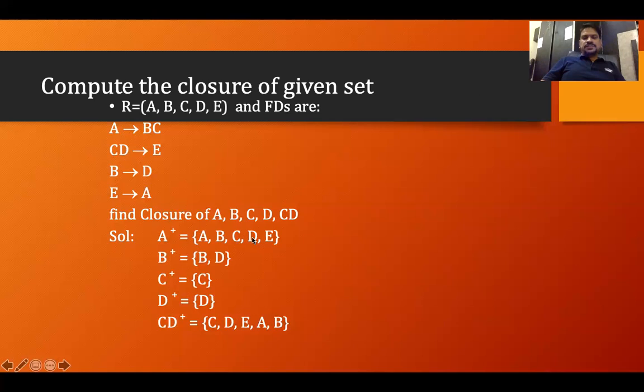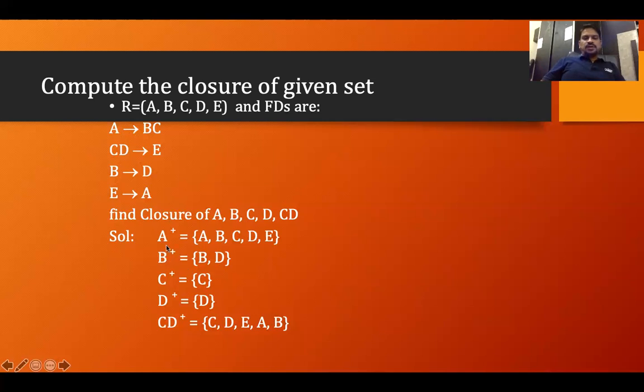Now, can we find out E somewhere? Yes, with C and D, we can determine E. So E is also coming in. In that way, because we found all the attributes, we will not explore anything else, because we got R here. This is equal to R, and this is equal to your whole table.